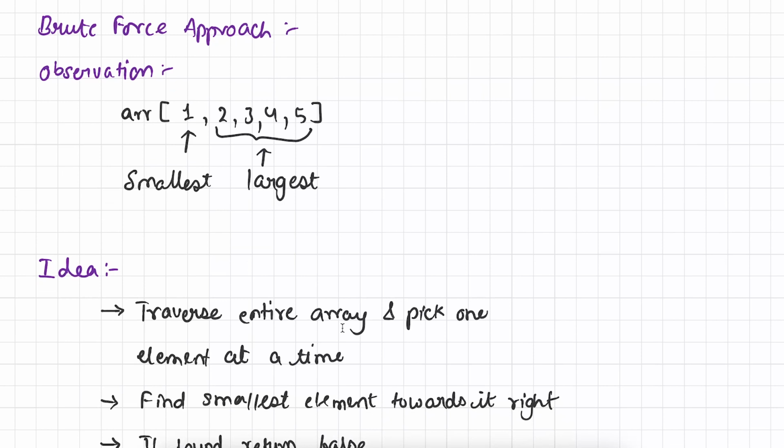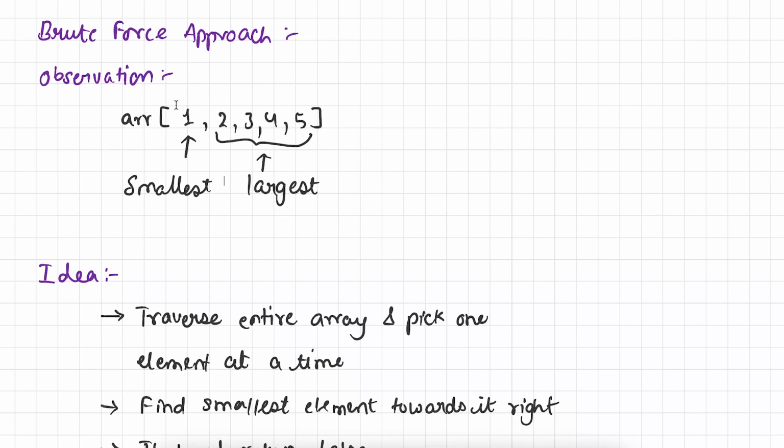So let's first discuss the brute force approach to solve this problem. So here we have observations to be made. So let's say we have a sorted array. Here all the elements are in sorted order. So if you observe these elements, you can see that the first element is smallest and all the elements right to it are larger than this element.